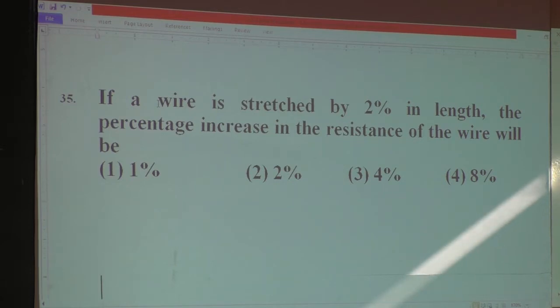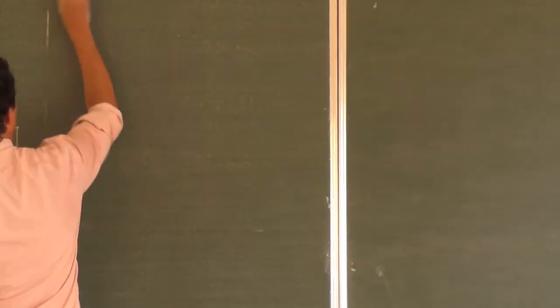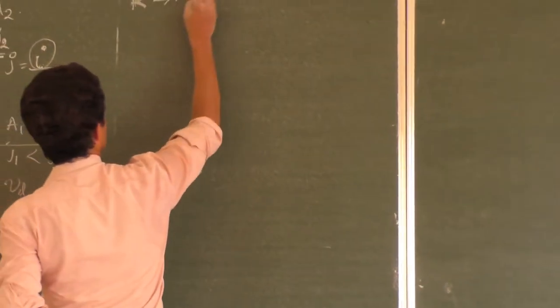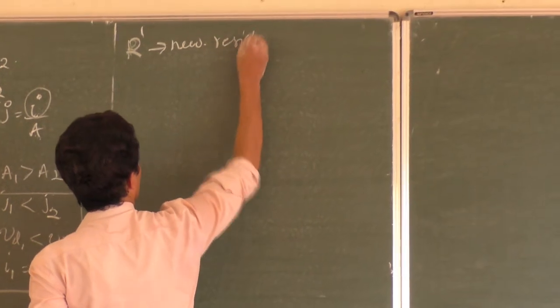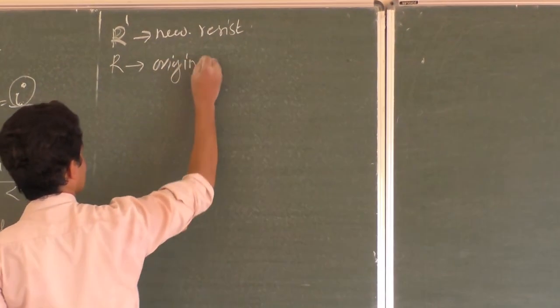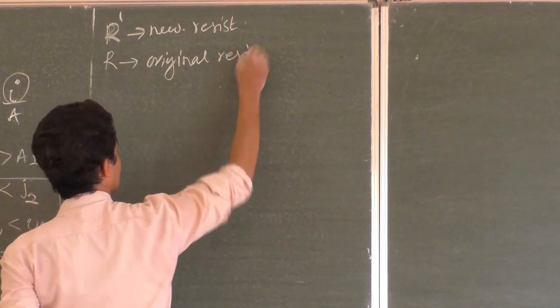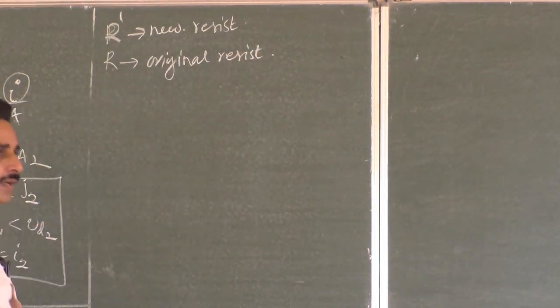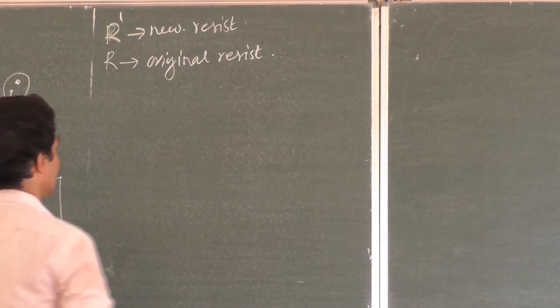So in general, the discussion is like this. Suppose R dash is the new resistance, and R is the original resistance before stretching. So the wire is stretched when its resistance was R. After stretching, its resistance is R dash.